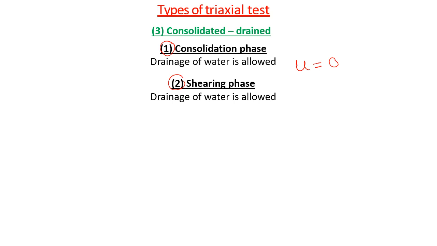Therefore, in this test, it's always true that sigma 3 is equal to sigma 3 prime, and sigma 1 is equal to sigma 1 prime, because no generation of pore water pressure takes place. There is no excess pore water pressure. It's equal to 0.